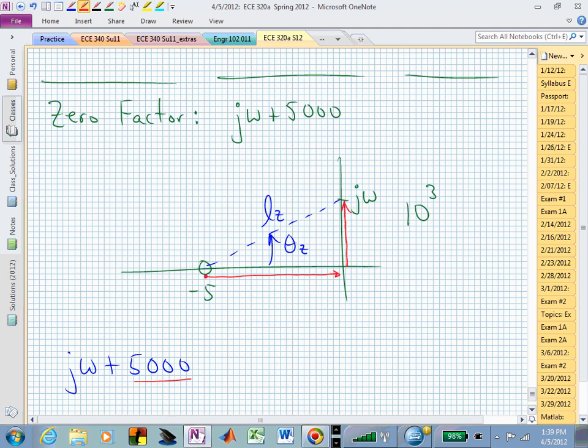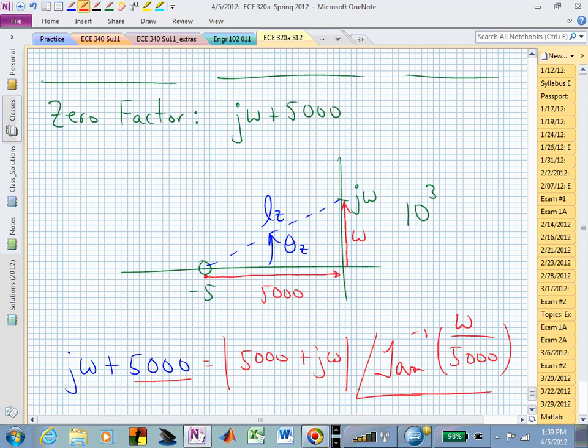And so I'm interested in that hypotenuse length, which is the square root of the sum of the squares of those two sides. So I've gone over 5,000 and up omega, and I need that magnitude, and the angle is the inverse tangent of omega over 5,000.